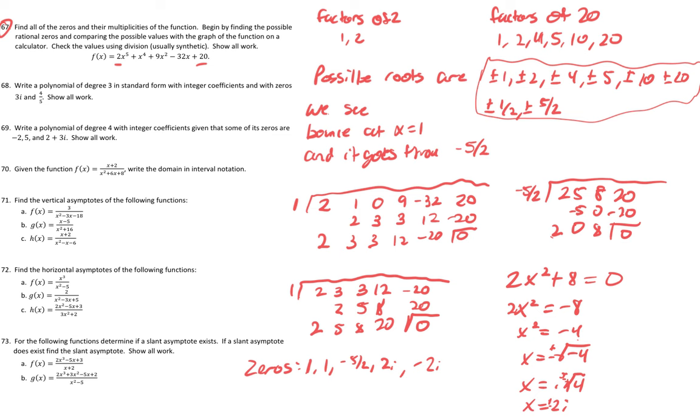So in terms of multiplicities, it would be 1 multiplicity 2, negative 5 halves multiplicity 1, 2i multiplicity 1, and negative 2i multiplicity 1.